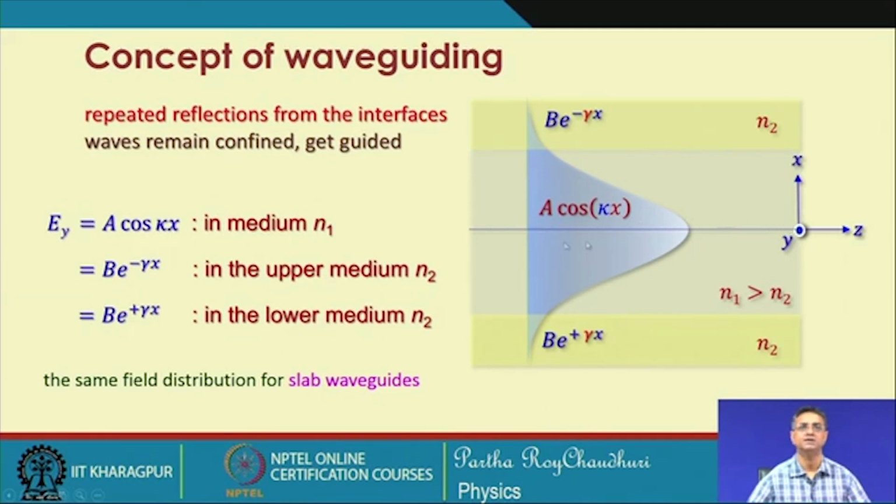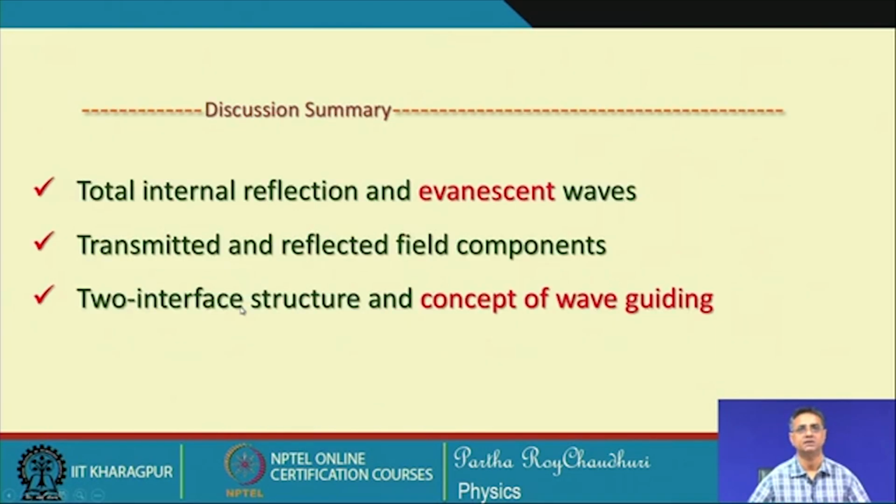This gives you the concept of how a wave can be guided by a structure which has at least two interfaces, and the same expressions will also appear when we discuss slab optical waveguides, the basic optical waveguides, but we will derive these equations from the wave equation with a more rigorous analysis, and then we will continue with other aspects of the discussions.